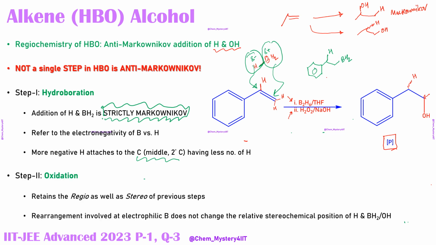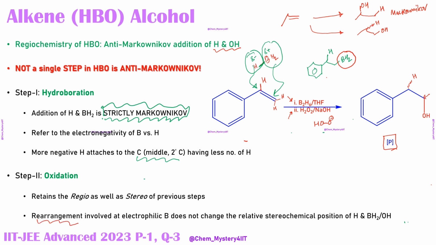Now the second step over here is what we are calling oxidation. In this step, the electron-deficient boron is attacked by the hydroperoxide from H2O2 and NaOH, which is a much better nucleophile, and then there is a rearrangement involved.